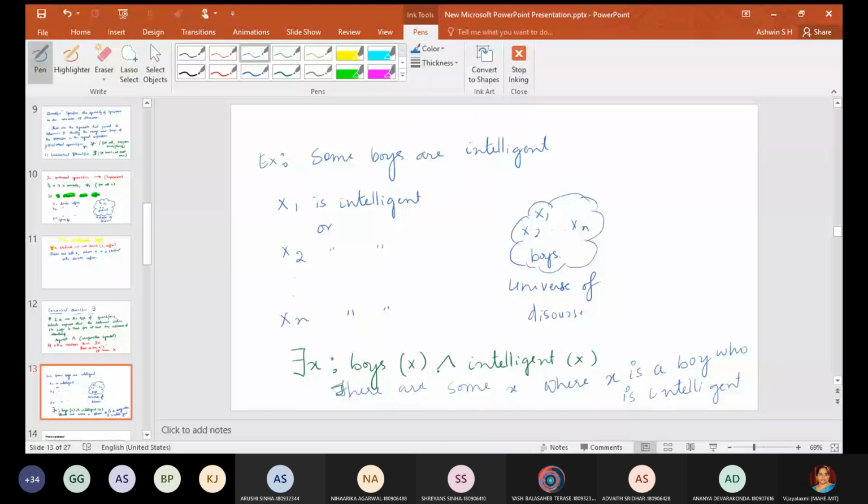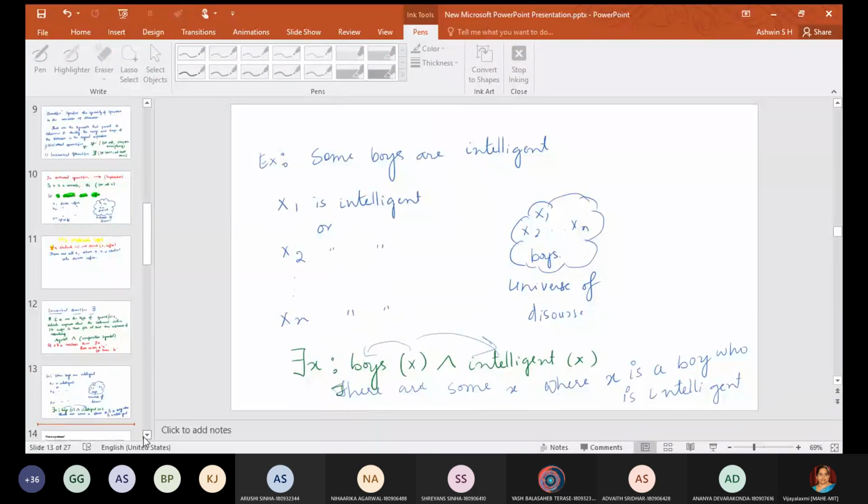So whenever this existential quantifier symbol comes, it is understood that it is not all, it is some. There are some x, where x is a boy who is intelligent. This is how we represent existential quantifier.